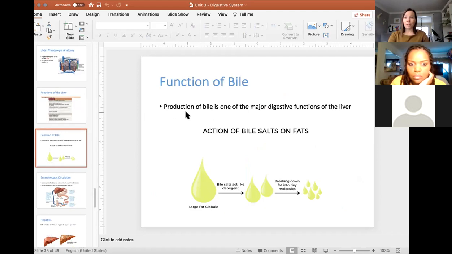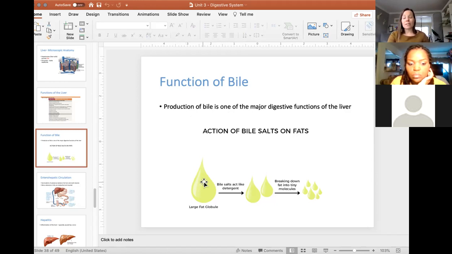And bile is only needed to help with the digestion of fats or lipids. So it's not needed to help digest carbohydrates or proteins or anything else. So if there's not any fat present in the food that you just ingested, bile is not going to be secreted. But if there is, then it will be secreted, and it comes out of the gallbladder, goes through a little duct, and gets sent into the small intestine.